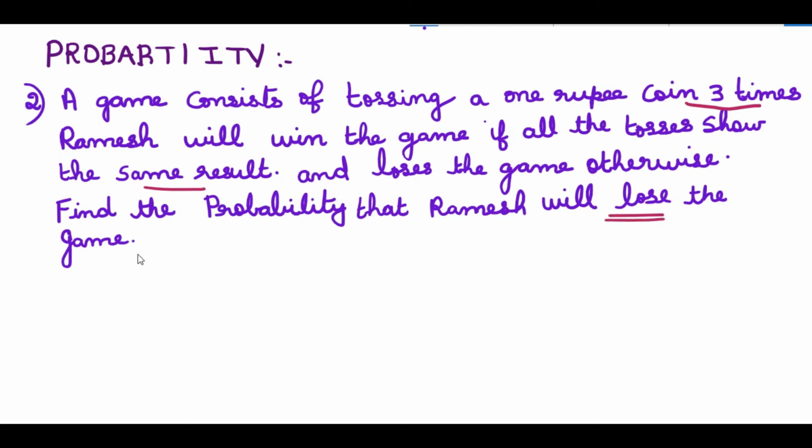So, if a 1 rupee coin is tossed 3 times, what are the total possible outcomes? All the 3 times it can show head, or all the 3 times it can show tail, or the first 2 times head and the last time tail, or the first time tail and the remaining 2 times head.